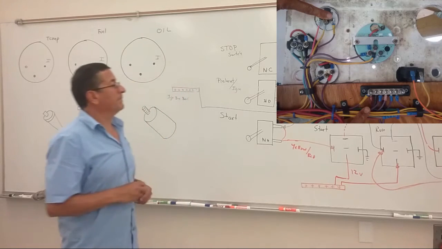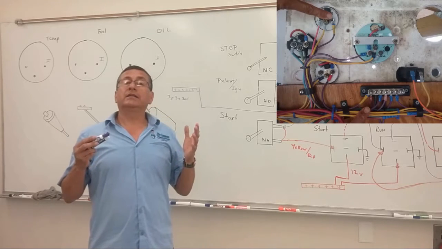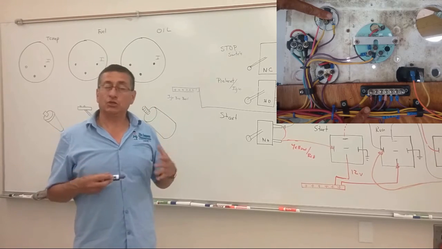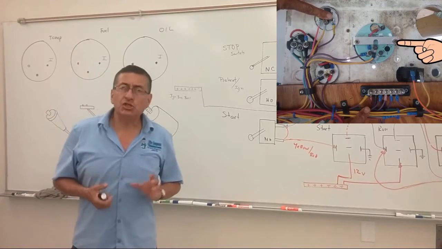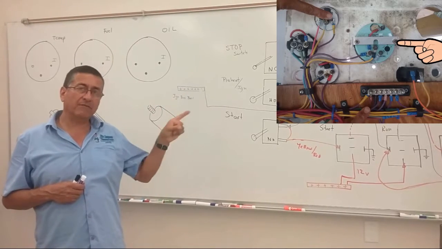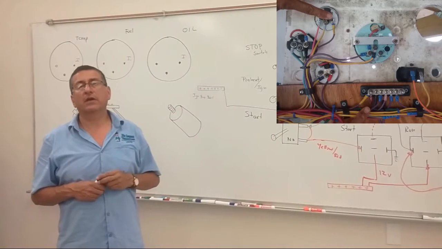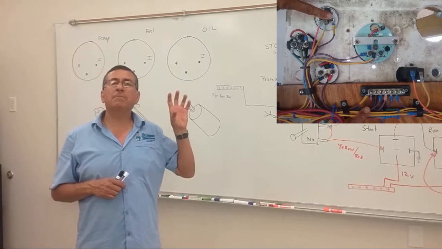Alright. Now we are going to start to connect the switches. The gauges: oil pressure, temperature, fuel. All the gauges, as you can see in the diagram that I have right now in the corner of the screen, have 3 terminals in the back.